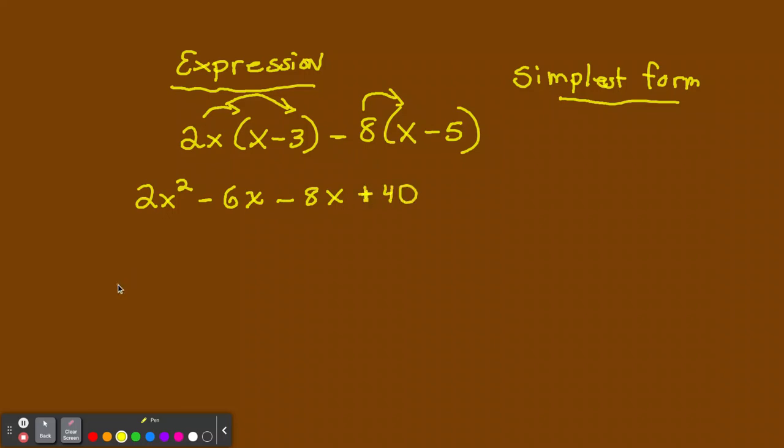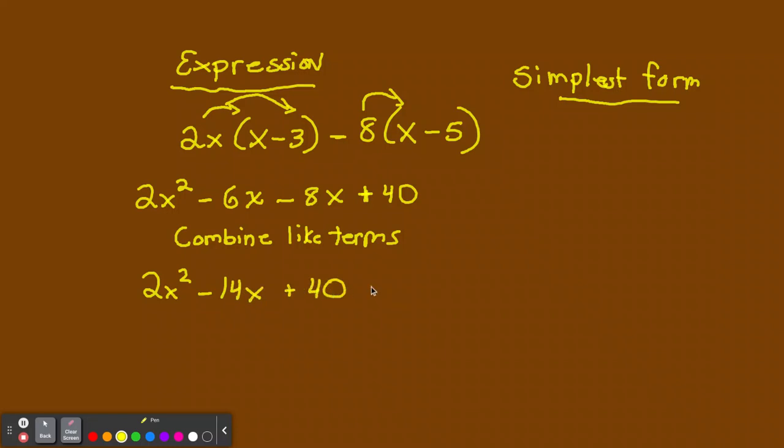So that's the first thing. And we're not in simplest form yet. So remember, we have to combine like terms. And so we'll get 2x squared. So we have a minus 6x minus 8x, so that'll give us negative 14x plus 40. Still not in simplest form. We could take out the 2.